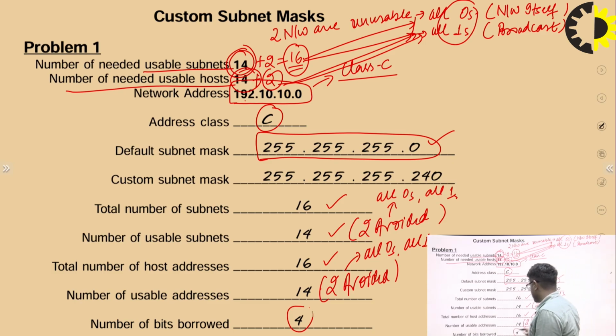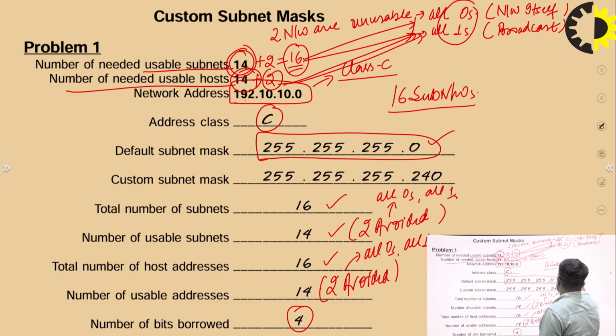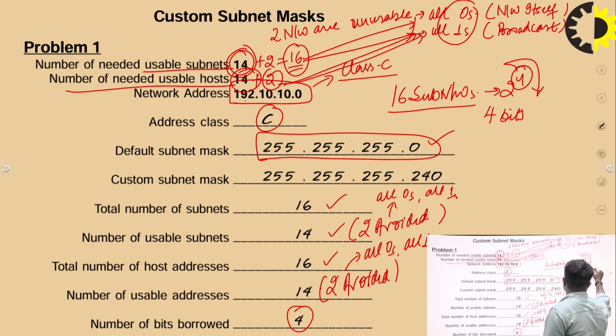And to create 16 subnetworks, 16 subnetworks means 2 raised to power 4. That means 4 bits to be borrowed.